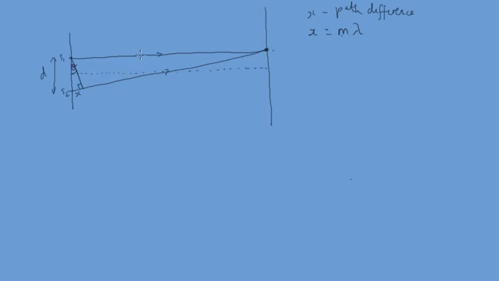Because the beams coming out from slit 1 and slit 2 are parallel to each other, and this is the central point, this angle here is also theta. And what this gives us is d, the distance between the slits, times sine theta is equal to the path difference.